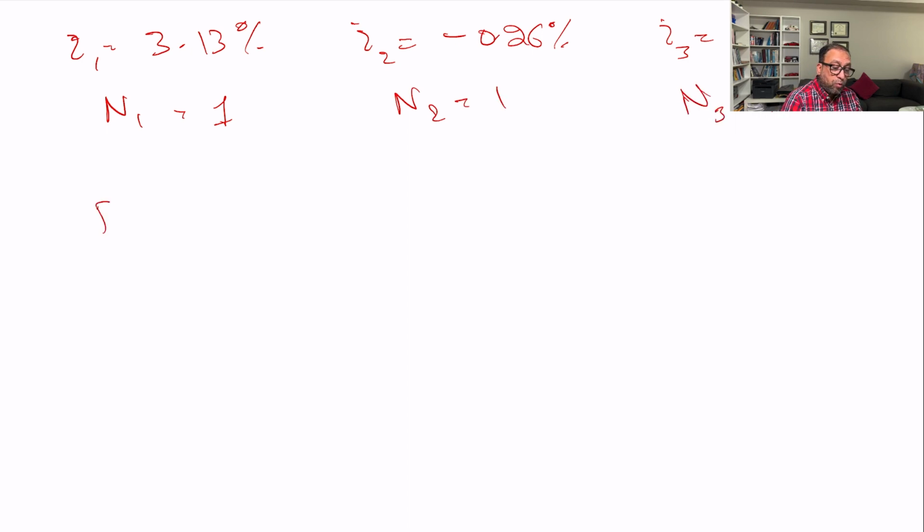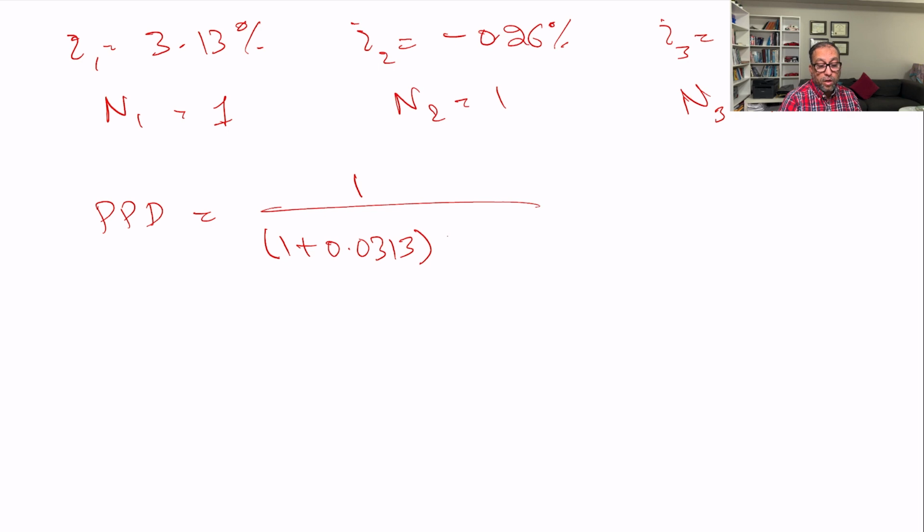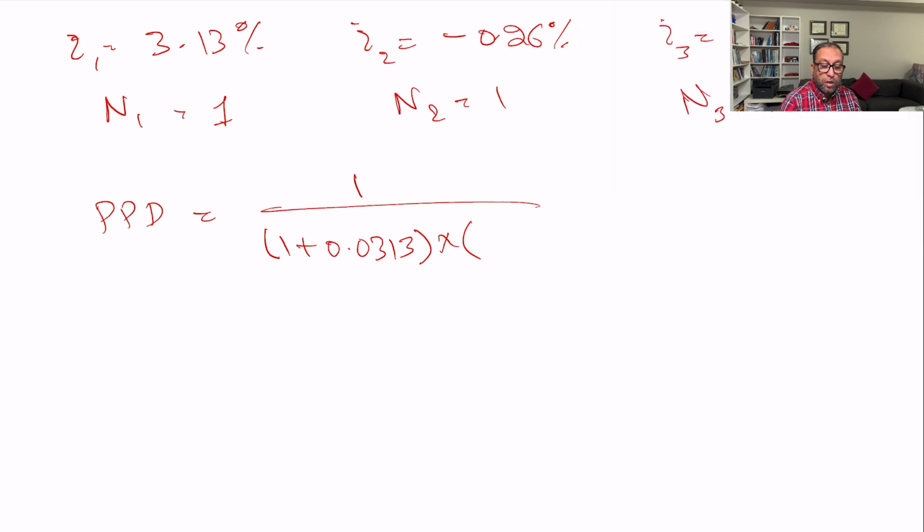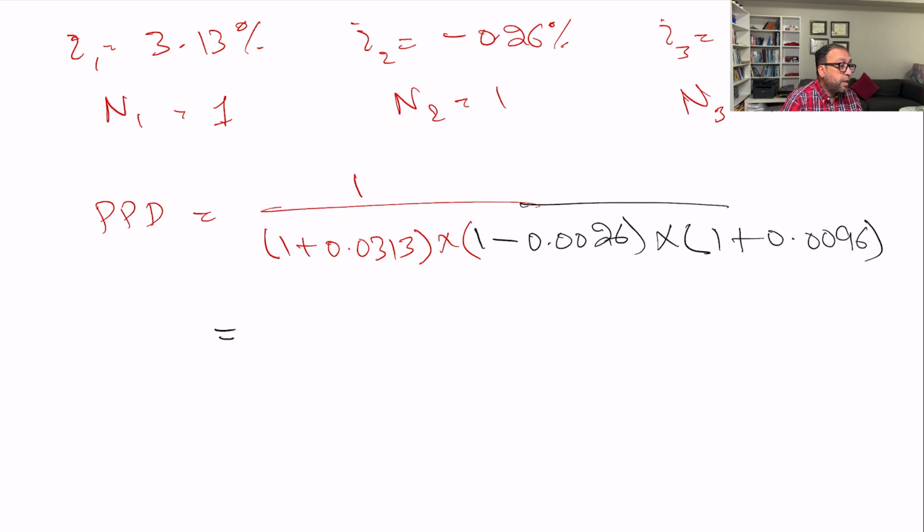So if we want to find PPD, which is $1 divided by 1 plus 0.0313, times 1 minus 0.0026, times 1 plus 0.0096, and we have to multiply by 100.